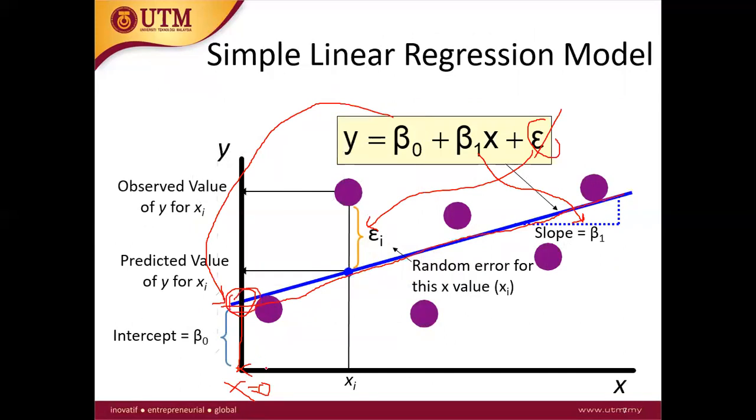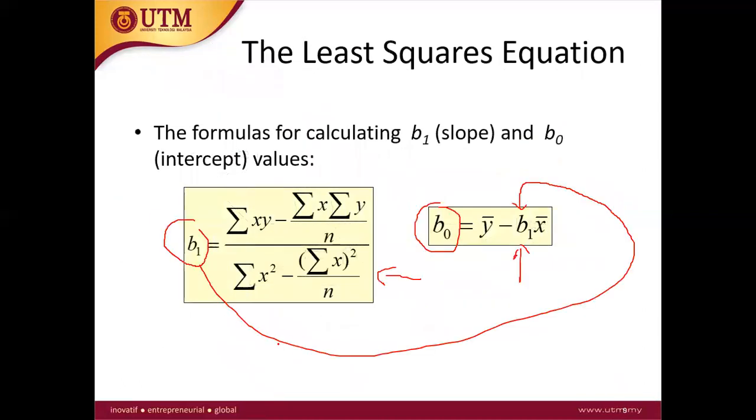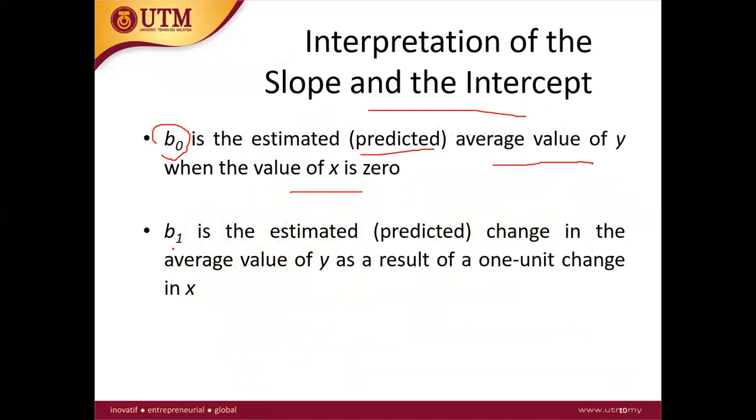Okay. And B1 is the predicted change in the average value of Y as a result of a 1 unit change in X. That is the meaning of the slope value.